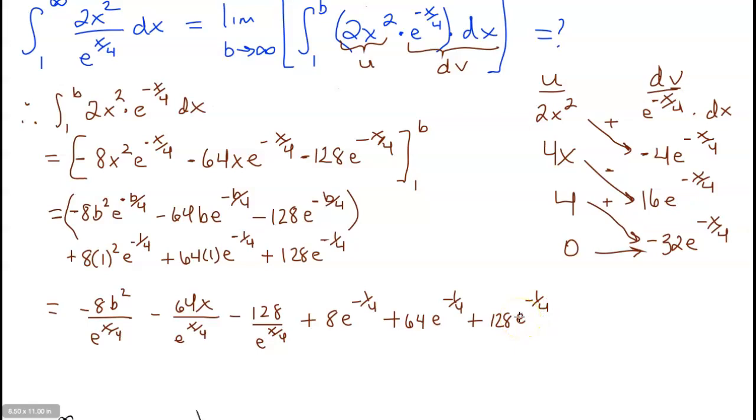And since all those terms are like terms, we could really just combine those together there. And so we'll have 64 and 8, which is 72, and 72 and 128 will be 200.